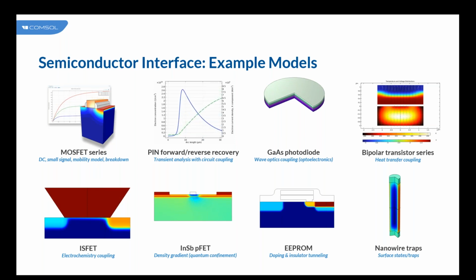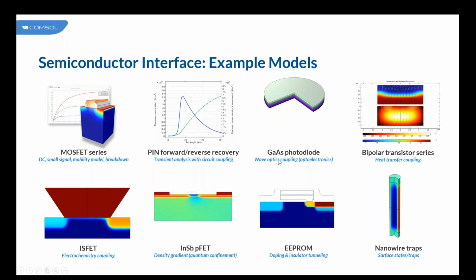We have an example to simulate a MOSFET with a DC source, and a small signal AC analysis, where you can get the capacitance. And also we support several mobility models and simulate breakdown. And also we can simulate p-n forward or reverse recovery. That's the transient analysis. You can couple it with electrical circuits.